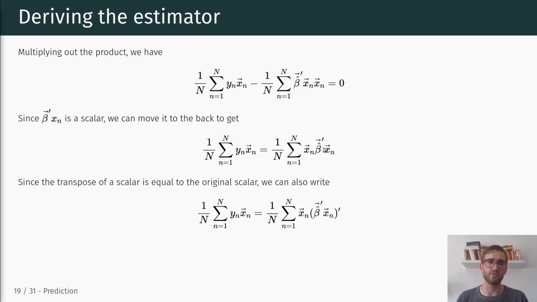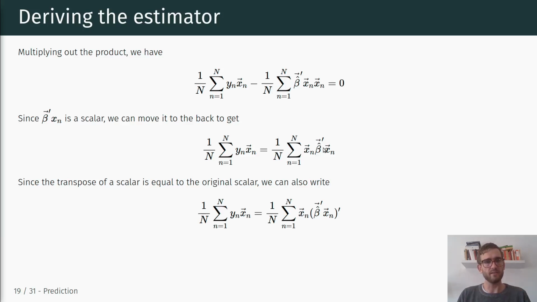Now there's another trick, and this is another matrix rule that we talked about briefly, which is that the transpose of a scalar is equal to the original scalar, right? Of course, the transpose of a matrix switches the dimensions of columns and rows, right?